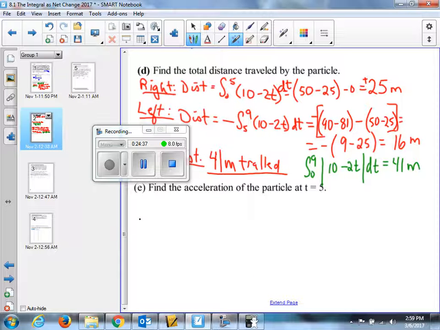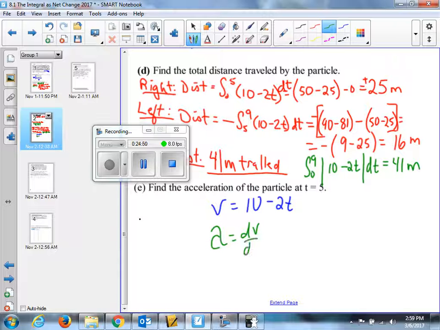What do you got to do for acceleration when you get to a velocity function? So v is equal to 10 minus 2t. Acceleration is dv by dt, which is 0 minus 2.